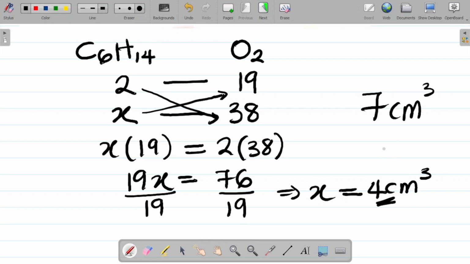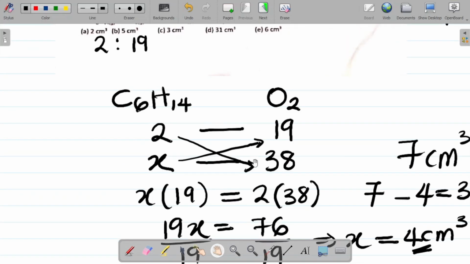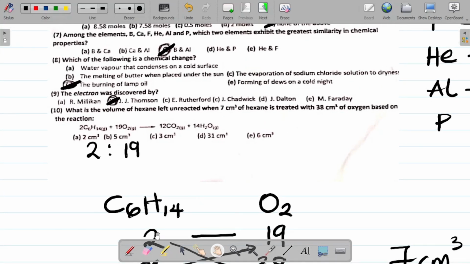So the question is this: if I have 7 cm cube of hexane, but I used only 4, what is left? What is left becomes simply 7 minus 4, and that gives you 3 cm cube. So 3 cm cube should be what is left. If I look at this, the correct option there would be option C, which is 3 cm cube. All right, so that's how you solve this.